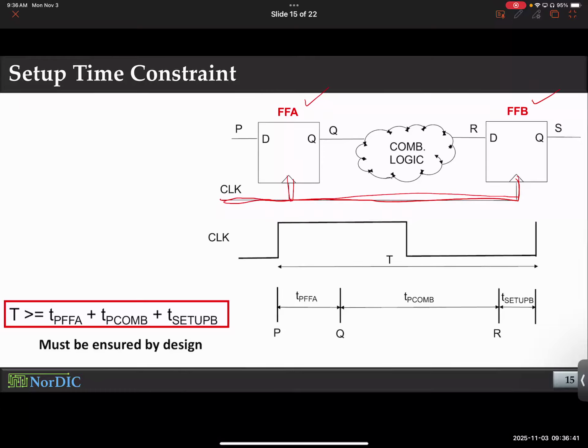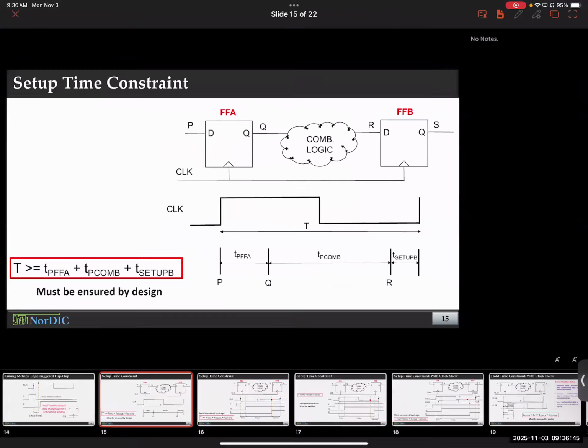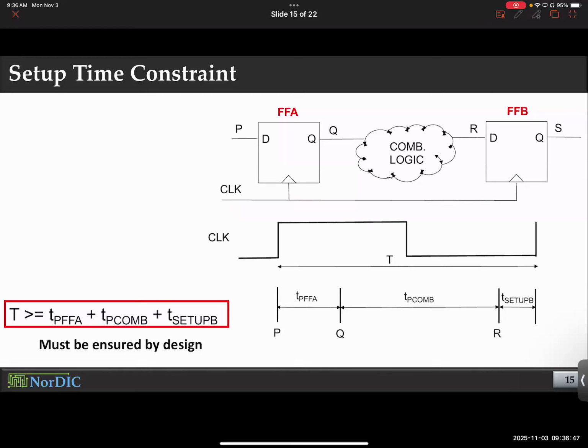Now let's talk about the events that appear in between these two flip-flops. When the clock edge appears, your flip-flops will only respond at the positive edge, and at the other positive edge. In between these two edges, they will not do anything. When this edge appears, there will be a delay.